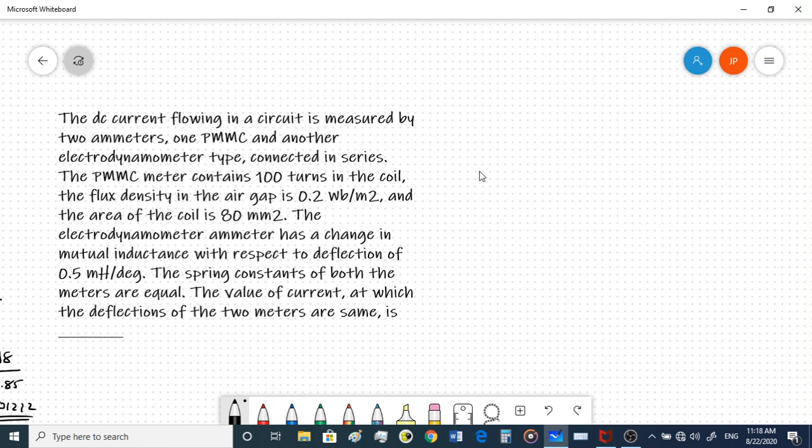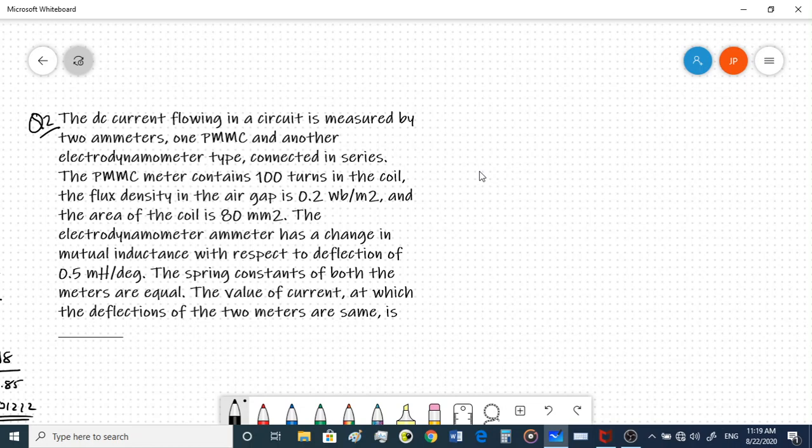So let's read the question once. Question 2. The DC current flowing in a circuit is measured by two ammeters, one PMMC and another electrodynamometer type, which are connected in series.